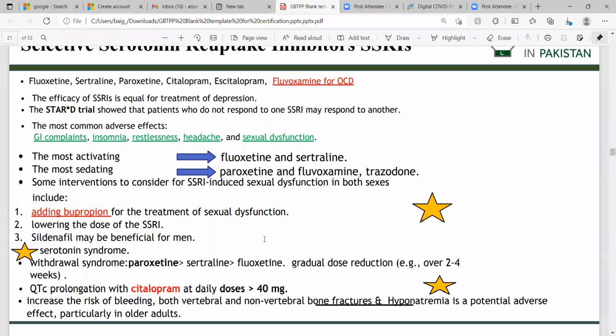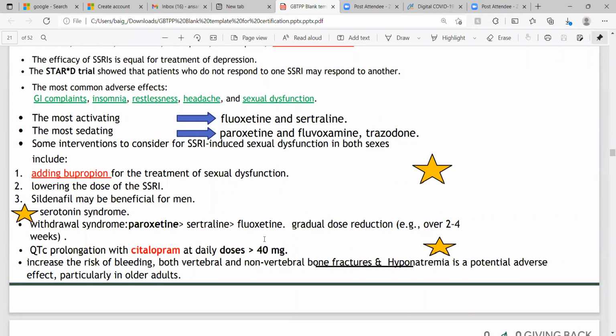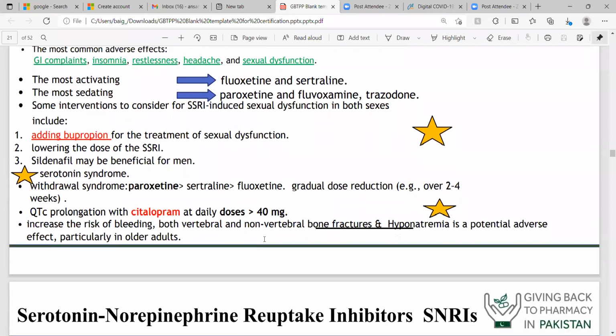If a patient is experiencing sexual dysfunction, we may add bupropion. And also the other options are, Viagra may be beneficial for men. Also, we need to keep in mind that if we are talking about SSRIs or SNRIs, we need to think about serotonin syndrome, and I'm going to talk about it in my next slide.